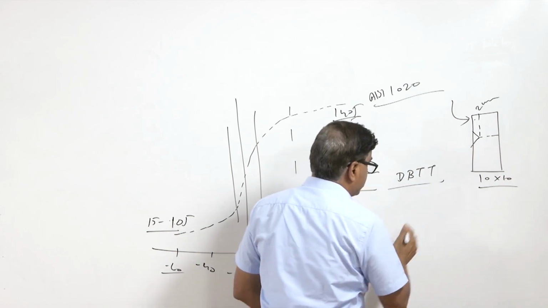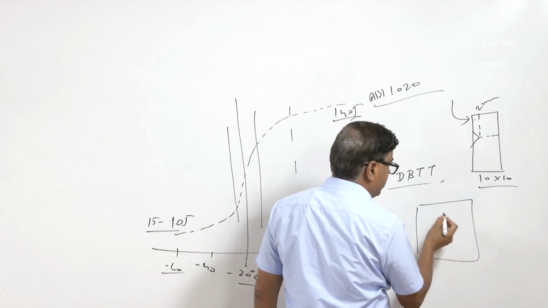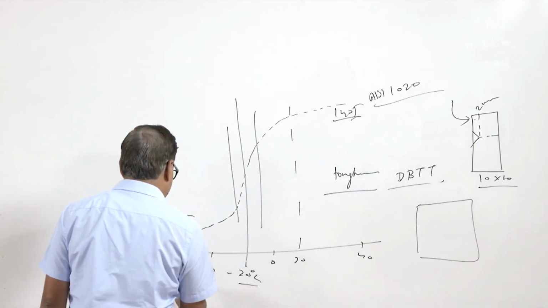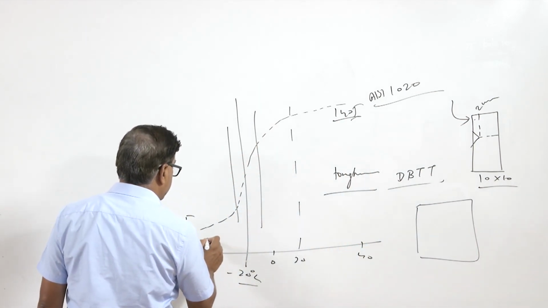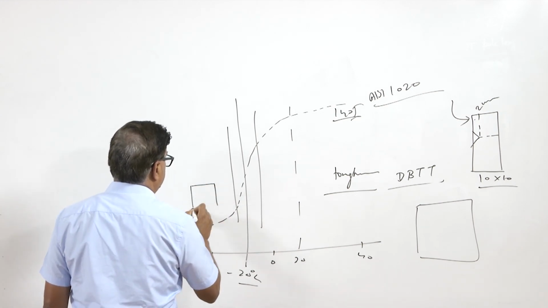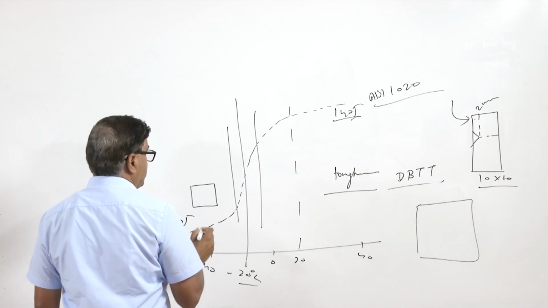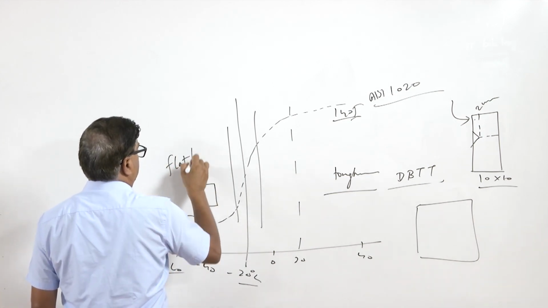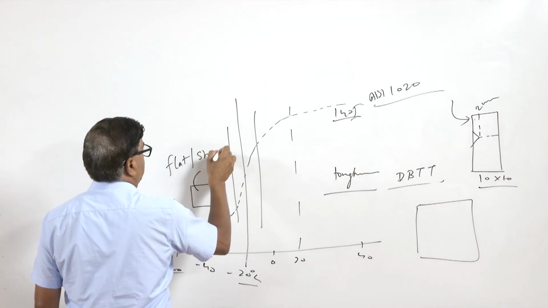So, say this is the fracture surface. What we will see when the fracture corresponds to minus 40 degree centigrade is that the cross section remains by and large unchanged, and the entire fracture surface is flat and shiny.